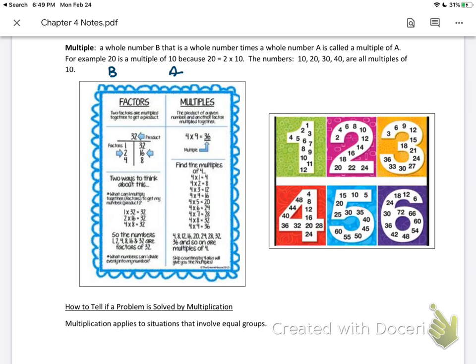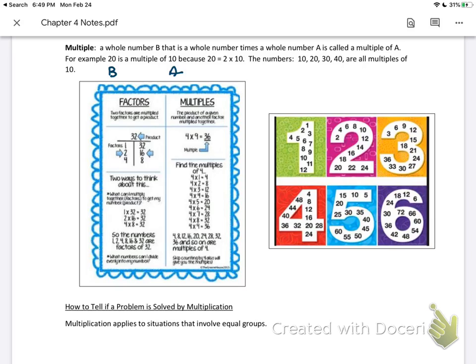Okay, so down in this chart, I like this chart because it identifies multiples and factors, which are terms people get confused. So the product of a given number and another factor multiplied together is going to be a multiple.